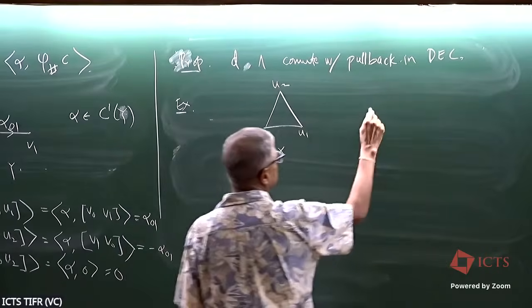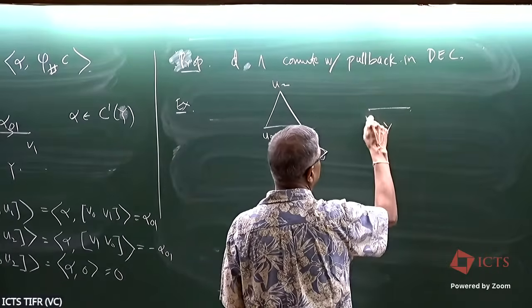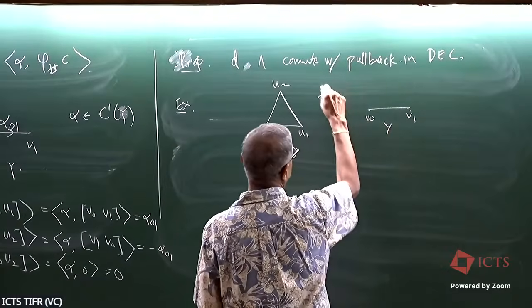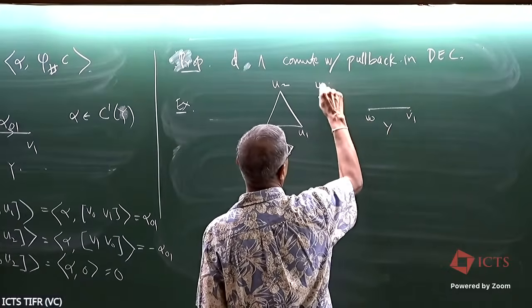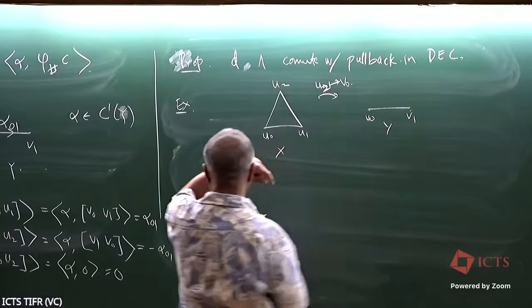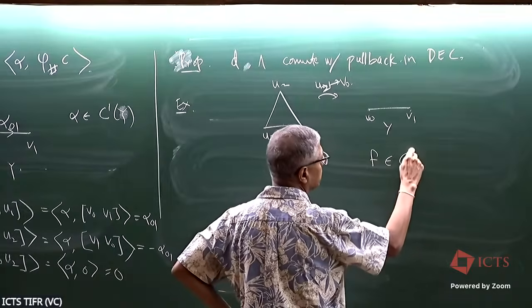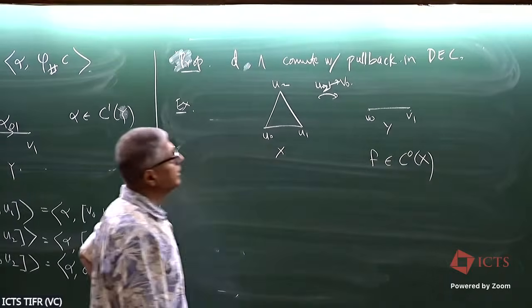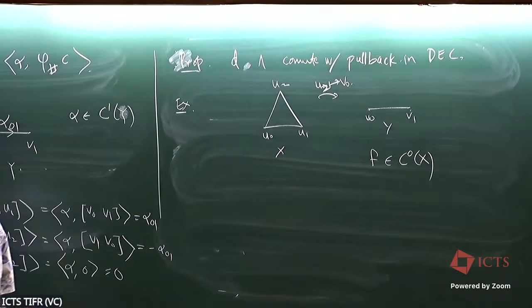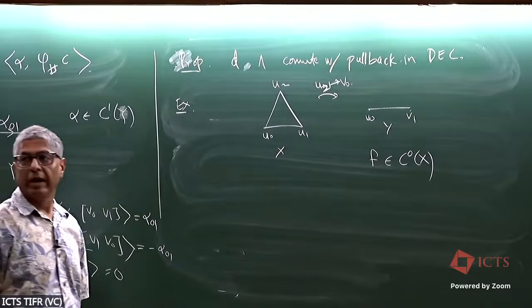That's our X, that's our Y, and the same simplicial map. So what we'd like to do is to define, let's take a one cochain here. Oh, sorry, 0 cochain.